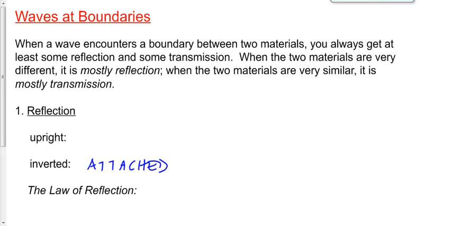When we're going from less dense to more dense, slinky to hand, then it's going to be reflected inverted. So think of it whichever way is more convenient given the nature of the media. Less dense to more dense, or it's attached. Then I want you to think that it's inverted, upside down.